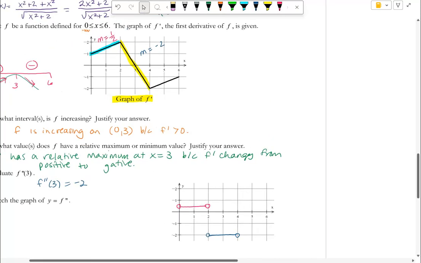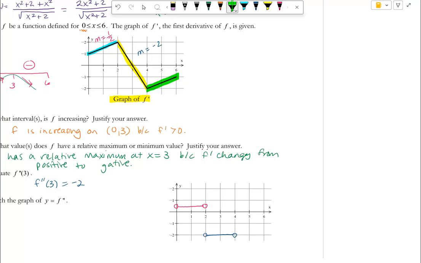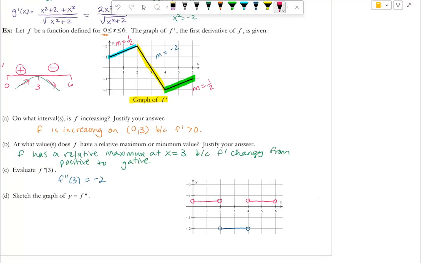All right, finally, for that very last piece, from x equals 4 until x equals 6, but not including 4 or 6, we have a slope of +1/2 again. So from 4 to 6, but excluding those endpoints, our second derivative is equal to 1/2.